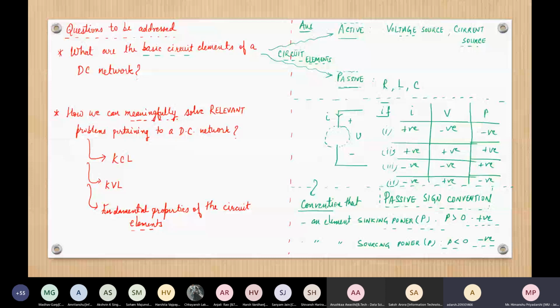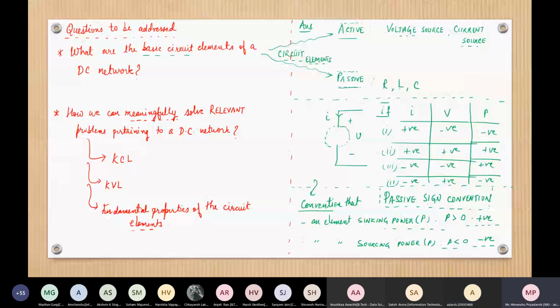Slowly, dear, my dear friend, what's your name? Okay, so tell me, case 2, what do you want to say? Case 2 and case 3 are not possible, because potential decreases in the direction of current. So that's my doubt. How is it possible?